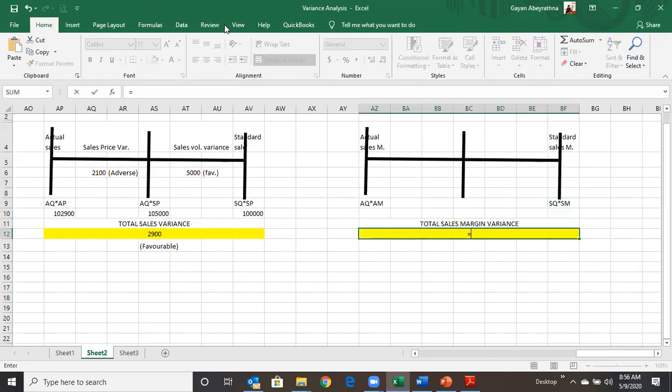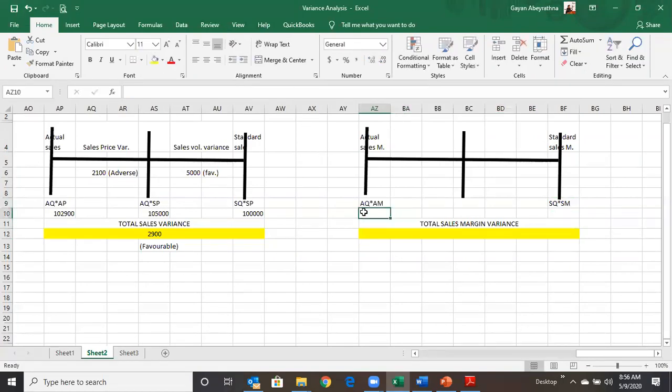Then let's do this. Actual quantity, we multiply 1050 by the actual margin, 18.